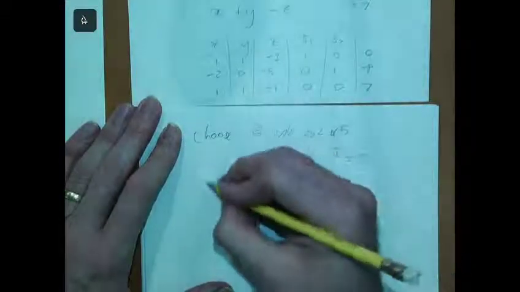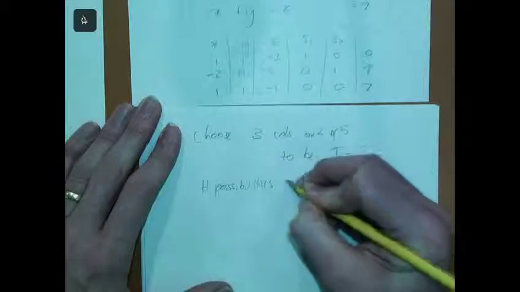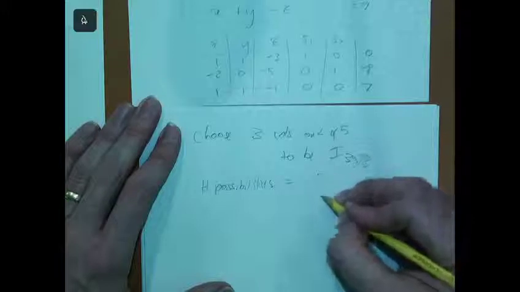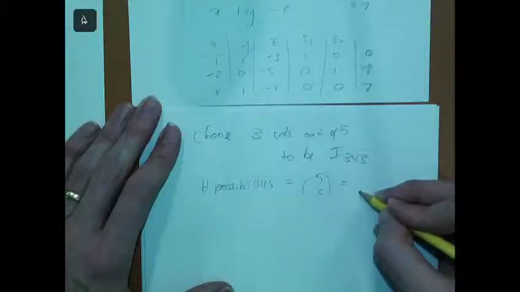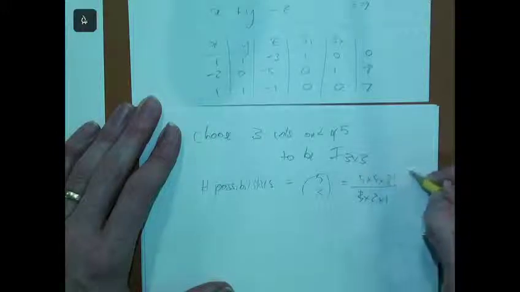And so the number of possibilities equals 5 choose 3, which is 5 times 4 times 3 over 3 times 2 times 1, which is 10 again.